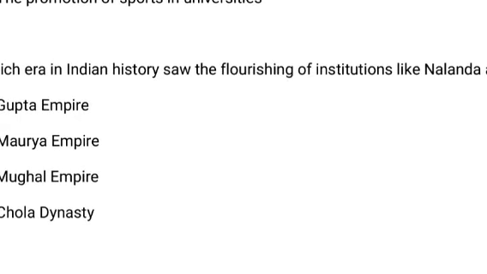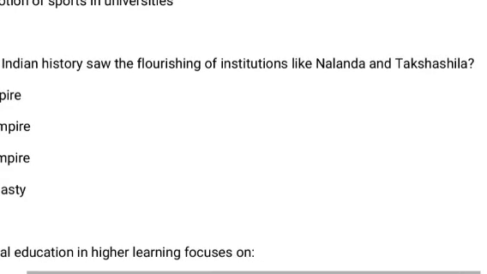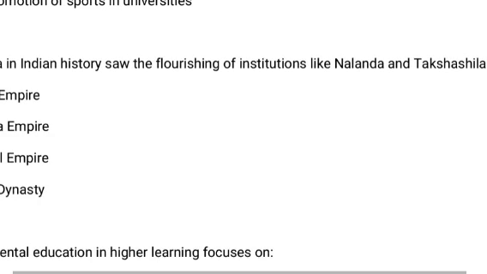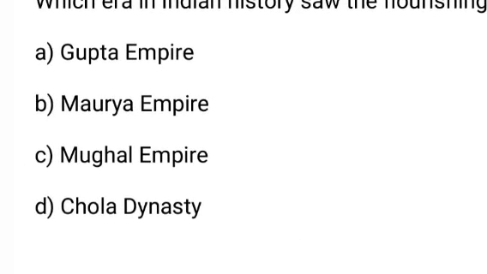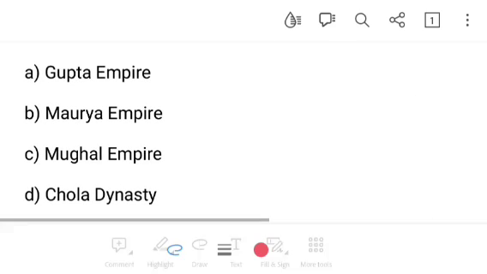Next, which era in Indian history saw the flourishing of institutions like Nalanda and Taxila? If you don't know what Nalanda or Taxila is and what they contributed, you must know. So do your own research. Gupta Empire, Maurya Empire, Mughal Empire, Chola dynasty. So the correct answer will be Gupta Empire.